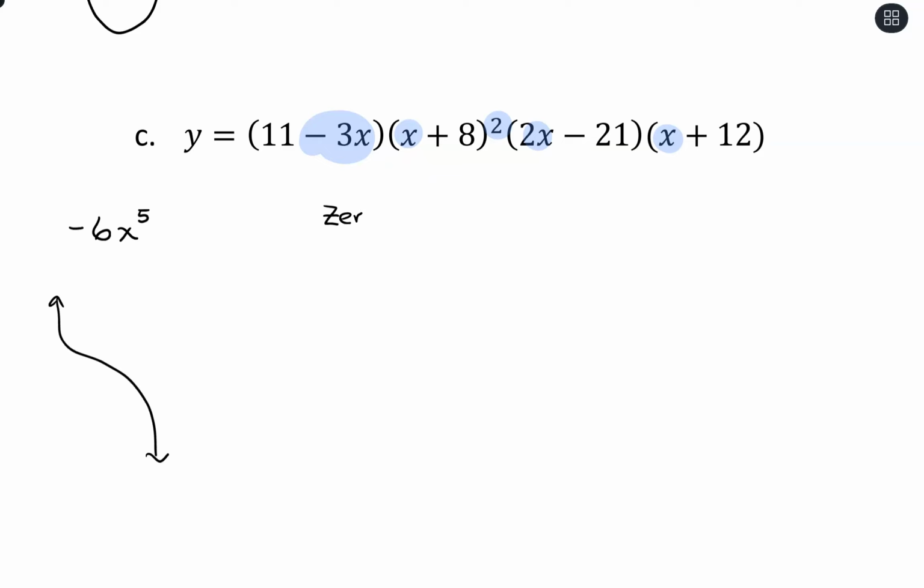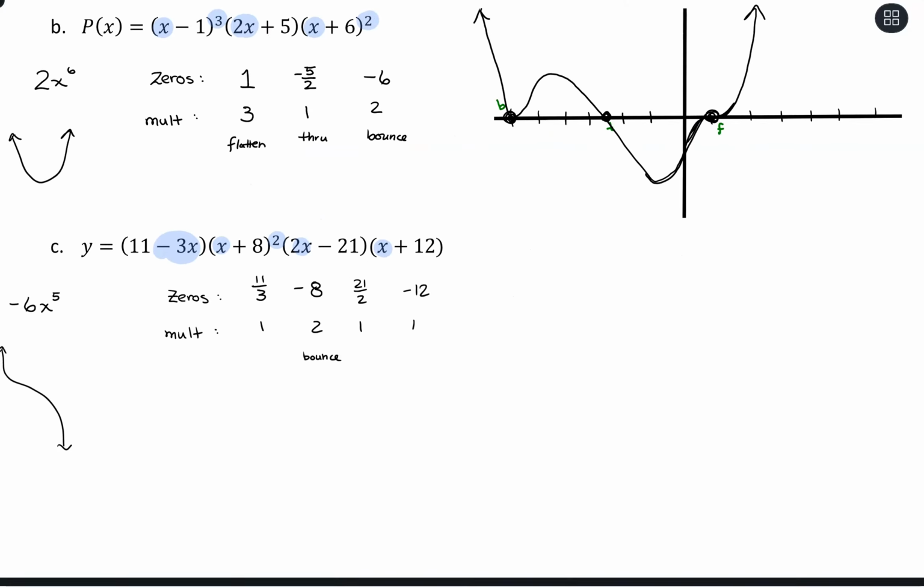And then for the zeros, let's see, we'll have 11/3, a -8, a 21/2, and -12. And then for multiplicities, we have a 1, 2, 1, 1. So we just have one bounce at that -8.